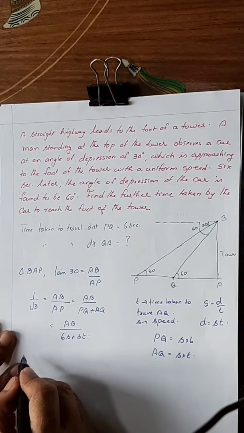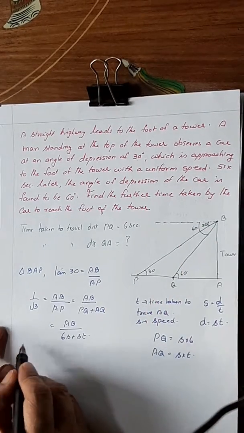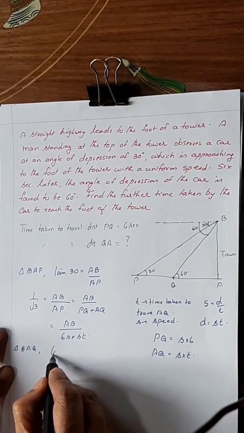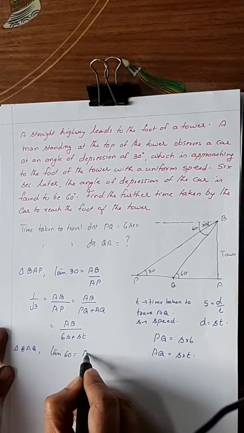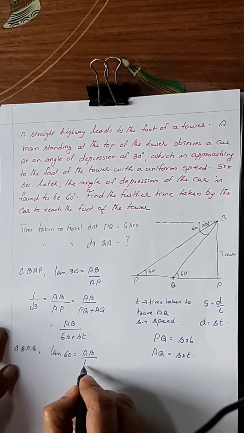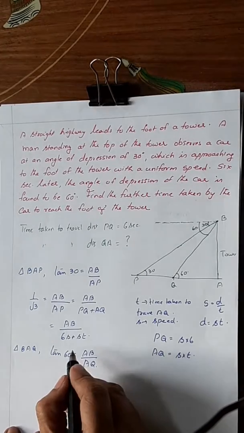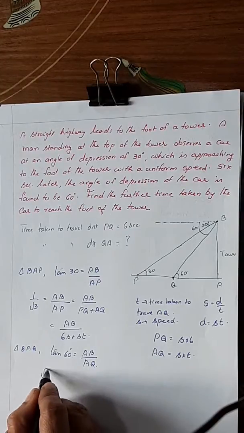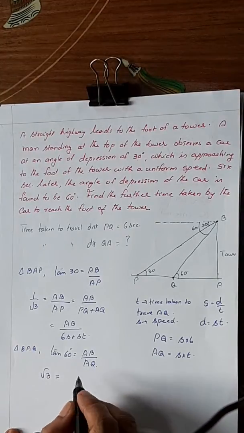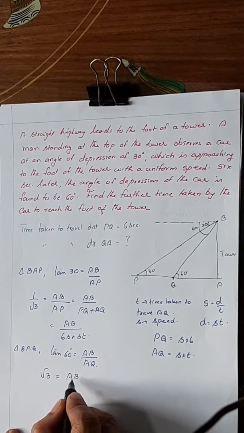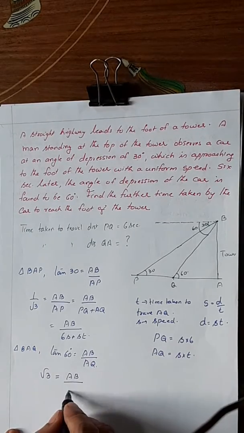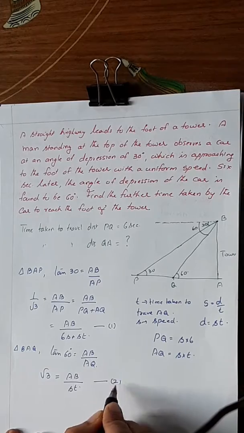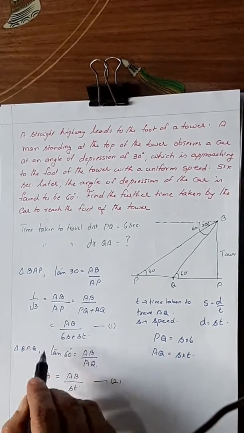Now in triangle BAQ, tan 60 is equal to AB by AQ. So tan 60 is root 3 is equal to AB by AQ, which is ST. So from this 1 and 2, here AB is equal to 6S plus ST by root 3.